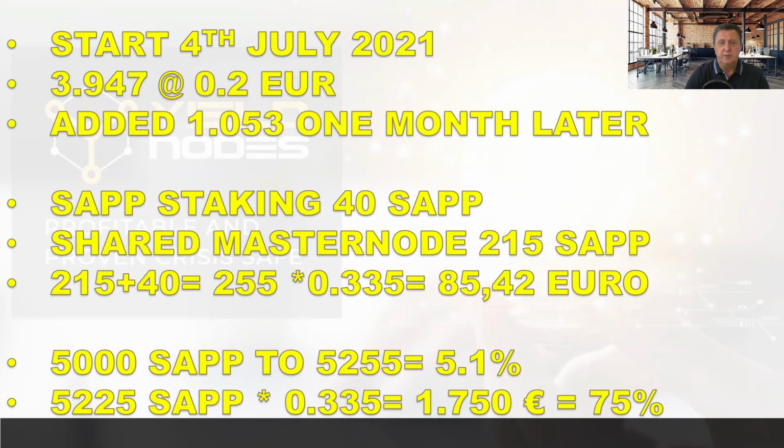And then from there on we have made 215 Sapp on the shared Masternode. So all in all, over those 2 months, it has come down to around 255. And if we take the latest exchange, it's 0.335, so around 85 euros we made so far over 2 months.